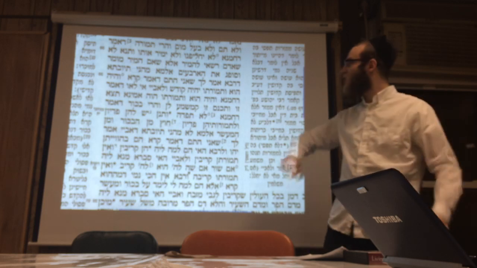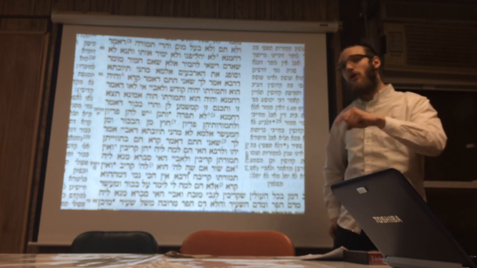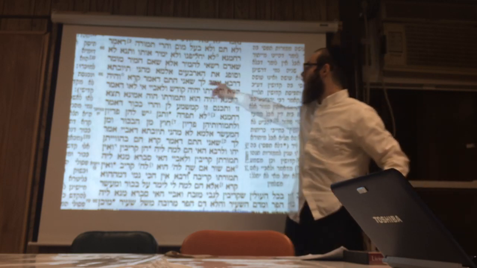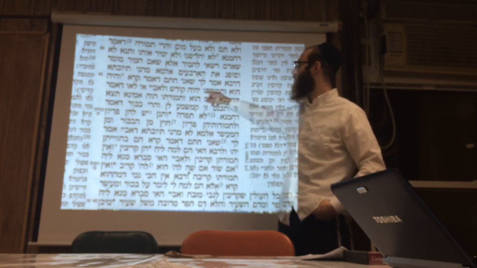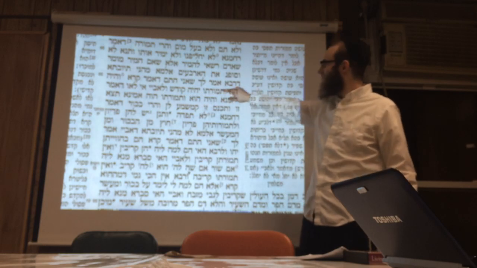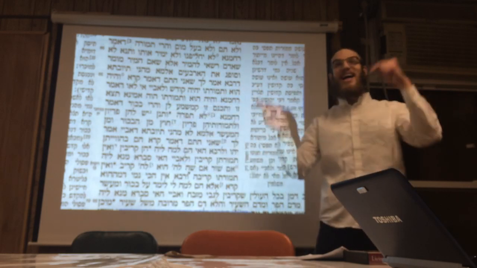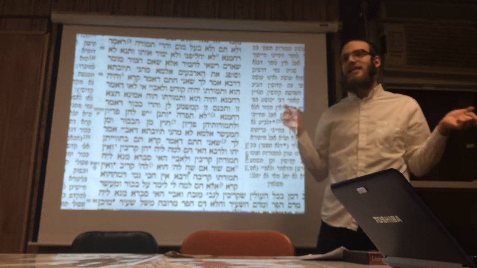Not a single word, and certainly not half a pasuk is going to come for no reason at all. Since Rava needs this pasuk, if they're both going to be kodesh, then why does Abaya need it?